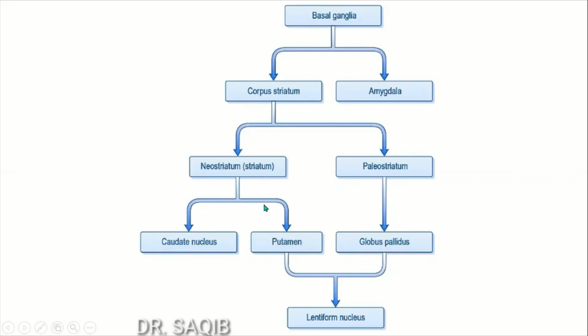And the neostriatum then divides into the putamen and the caudate nucleus. This is the striatum, the putamen, and the caudate nucleus. And this putamen and the globus pallidus collectively are called the lentiform nucleus. And further, there are two parts of the globus pallidus, which I will discuss in the coming part of the lecture.